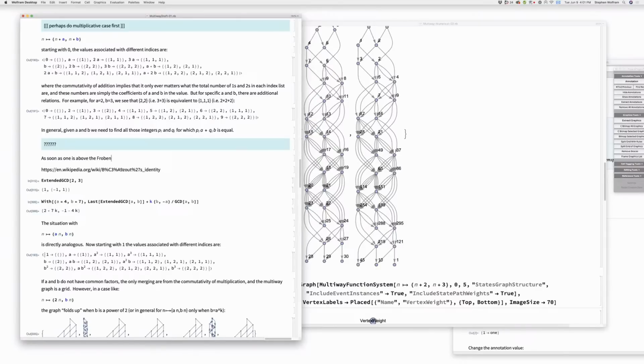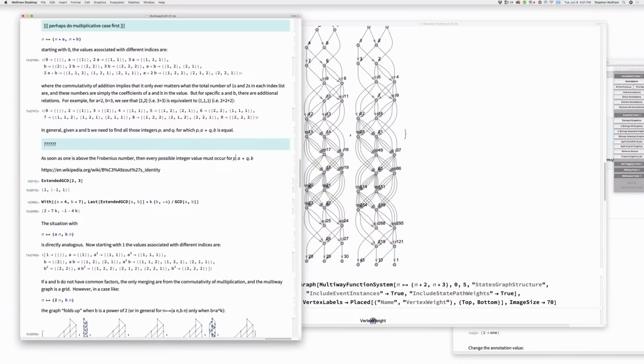Is it just called the Frobenius number? Yes. Then every possible non-negative integer value must occur for this quantity for some p sub i and q sub i.